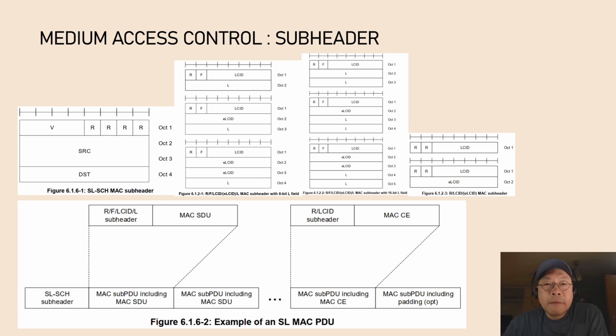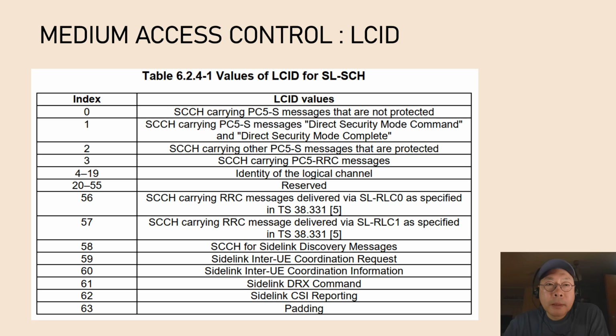Instead, it defines subheaders that are used to combine multiple SDUs for multiplexing into a transport block to be transmitted through the PHY layer. The main LCIDs are defined in a table like this.